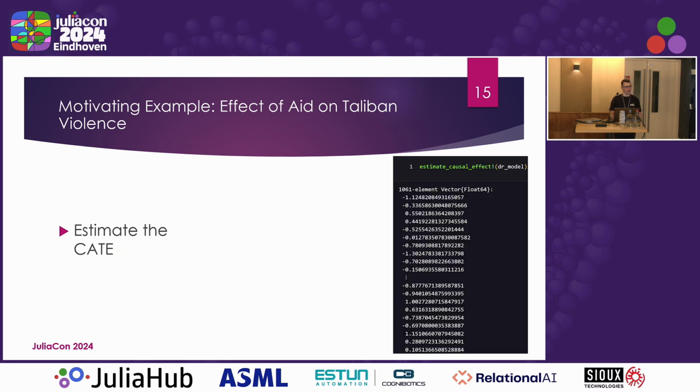And so again, we call estimate causal effect, and here we get the CATE, and of course this is different than with estimating the ATE because these are individualized treatment effects, and so we get a vector of estimated treatment effects for each unit I, which in this case represents villages.